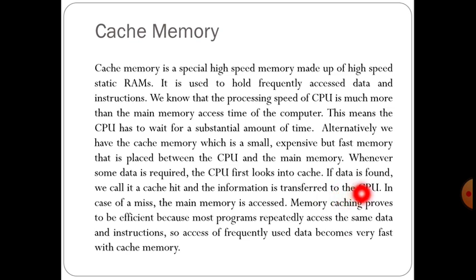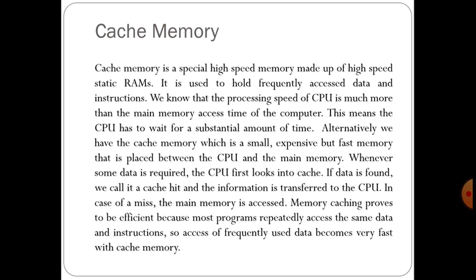Memory caching proves to be efficient because most programs repeatedly access the same data and instructions. So access to the frequently asked data becomes very fast with cache memory. So this is the concept of cache memory, that CPU doesn't want to wait for the next instruction, so frequently used instructions and data are stored into the cache, and from the cache computer can take the data faster than the main memory.